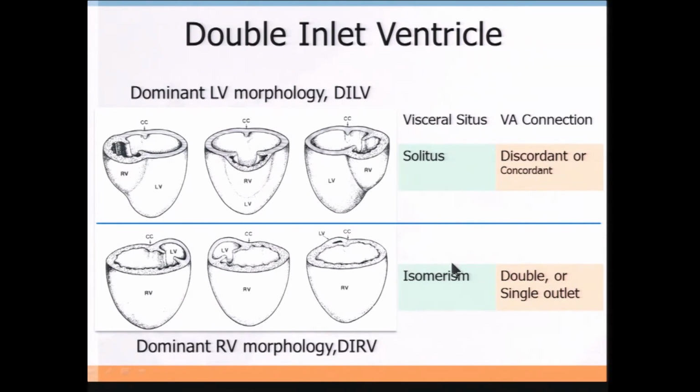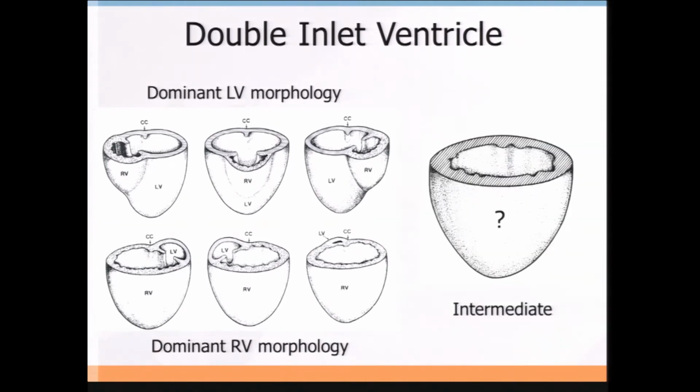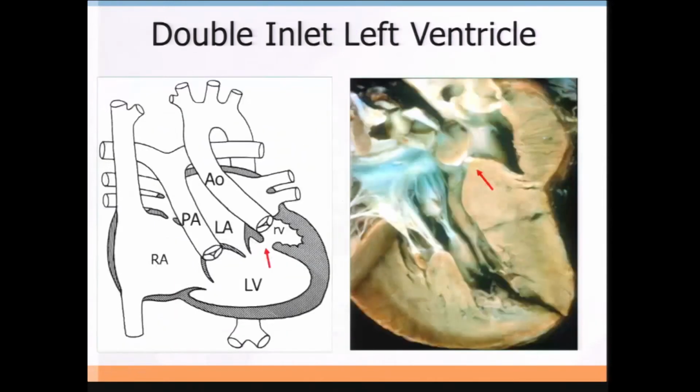It is usually associated with isomerism and has double outlet right ventricle or single outlet right ventricle. The rest form is intermediate, where I mentioned we cannot identify any anatomic feature of LV or right ventricle, and it is associated with isomerism.